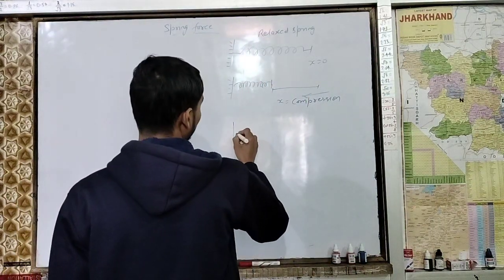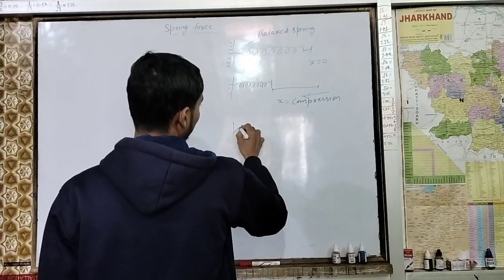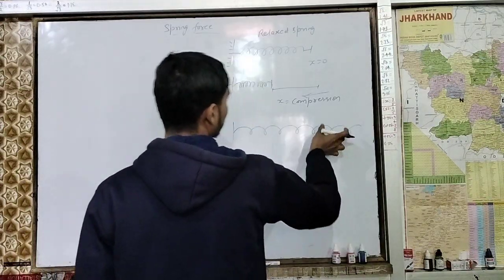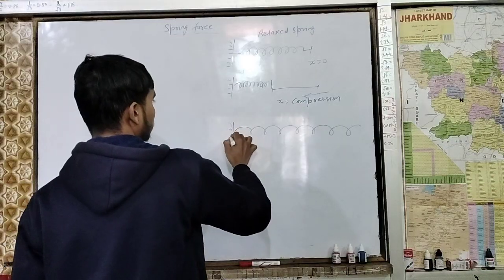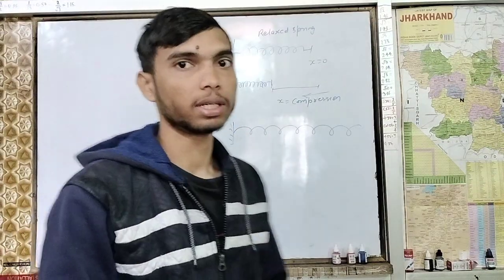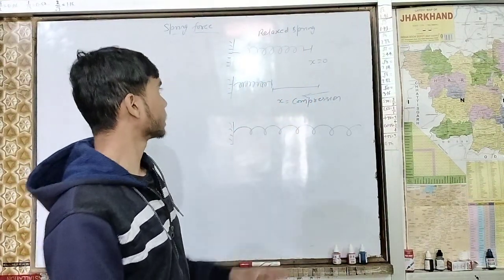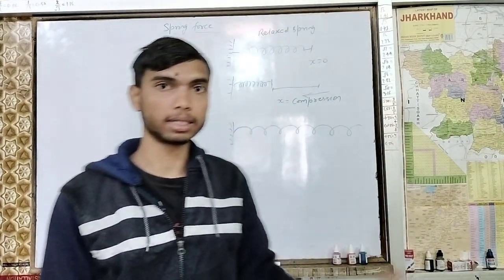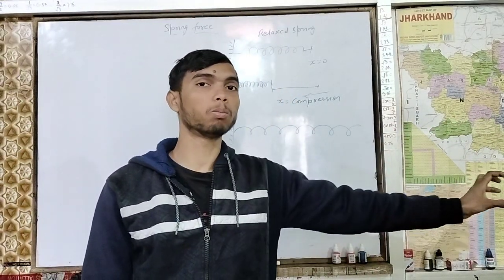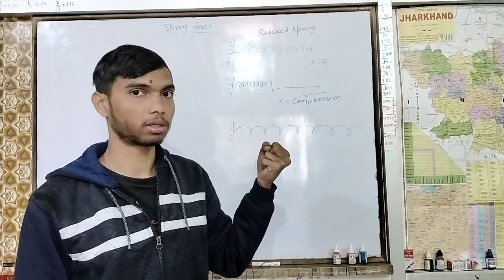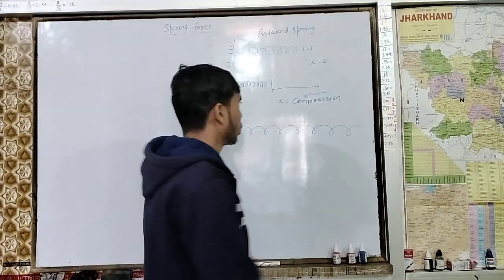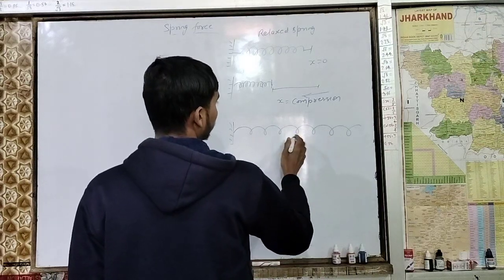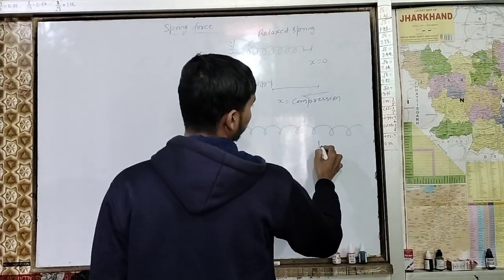Now another, you will see a spring, the same spring we are taking. The difference is that in the second case we pushed the spring, and in the third case we pulled the spring. So the elongation in the third case will be from here till here.